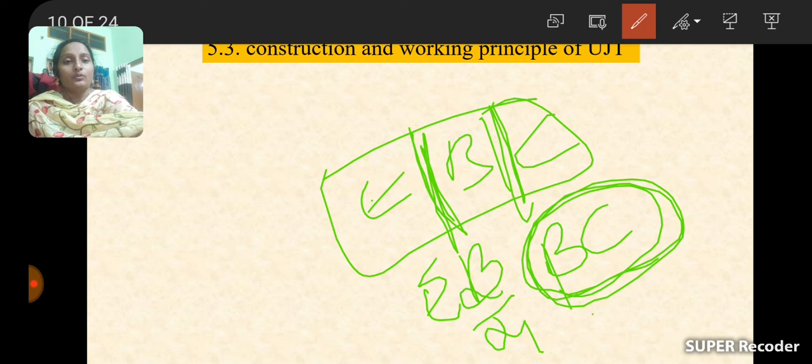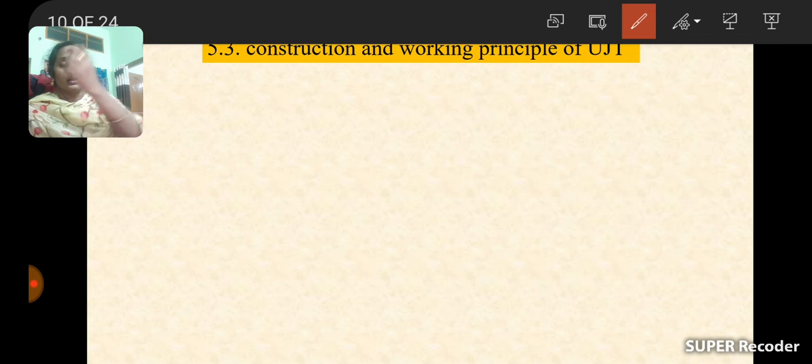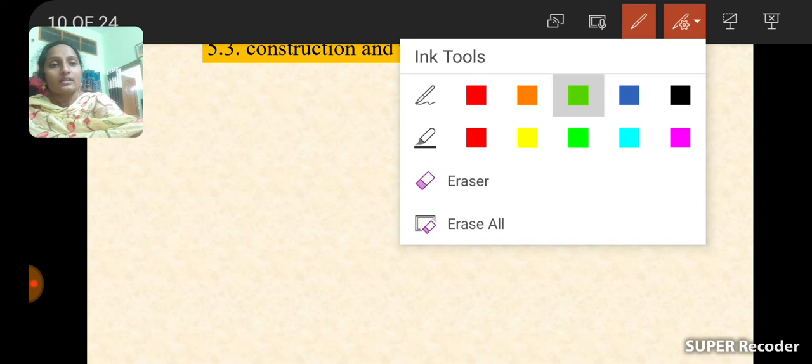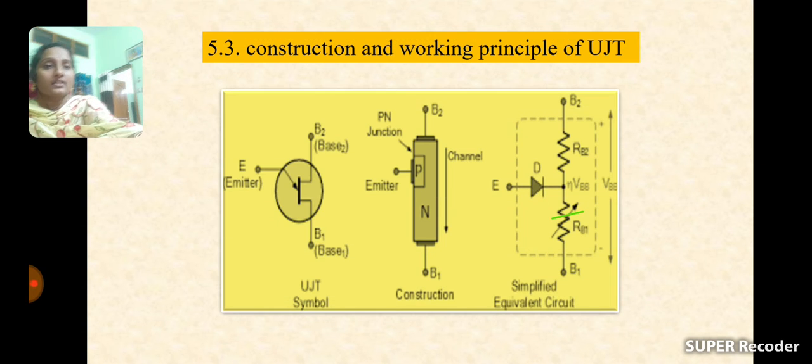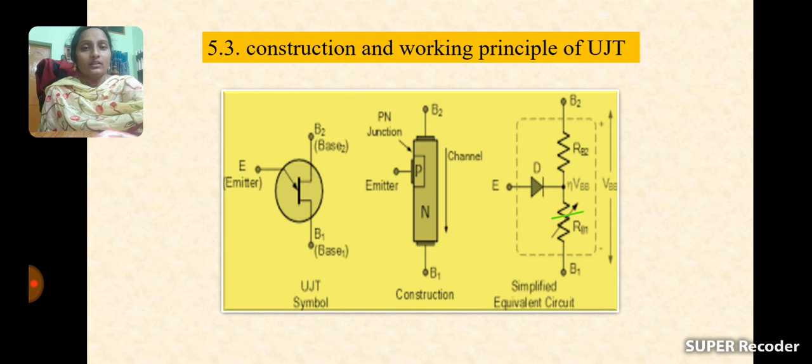So finally two junctions are there in a PNP transistor, J1 and J2. But the uni-junction transistor is also a transistor, but it has only one junction. That's why it is called a uni-junction transistor.